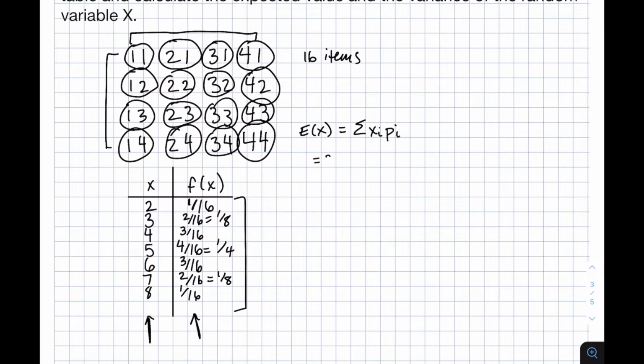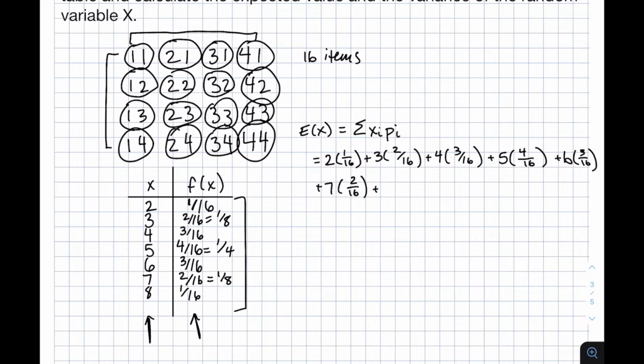So we do 2 times 1 over 16 plus 3 times 2 over 16 plus 4 times 3 over 16 plus 5 times 4 over 16 plus 6 times 3 over 16 plus 7 times 2 over 16 plus 8 times 1 over 16.